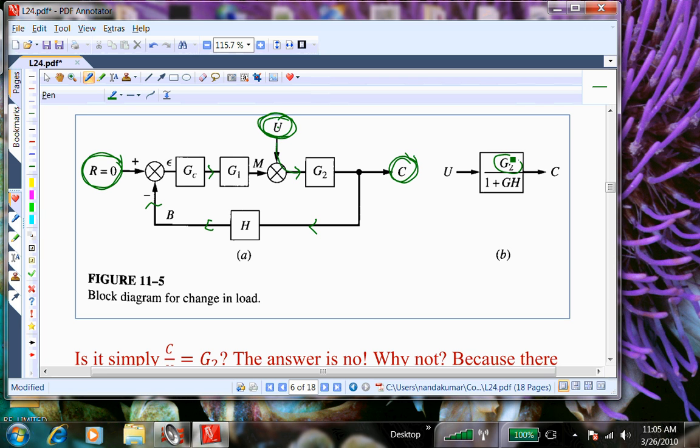In the numerator it's only G2, but in the denominator it is 1 plus, and that again is plus because it is a negative feedback, 1 plus the entire product, which involves G2, H, GC, G1. That is the rule. Whatever blocks are between the two points, input-output points, appear in the numerator, and the feedback is 1 plus all the blocks.